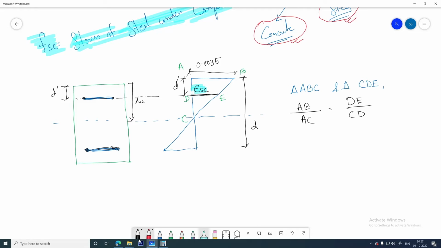This is very much clear to all of you. You can write this AB by this distance equals DE by this distance. It is very much clear.